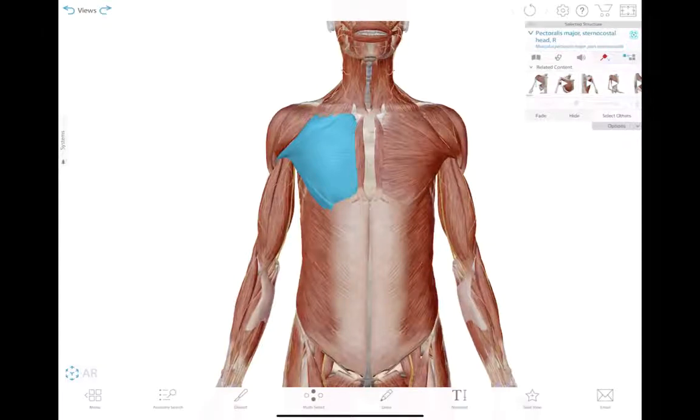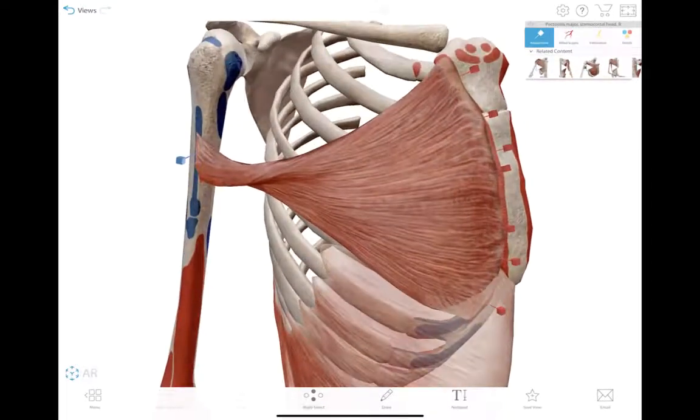Okay, and so with the pectoralis muscle, one thing I really like about this app, and I keep learning more things the more I use it, is that you can isolate and look at just this muscle and where it's attached. I'm sure a lot of other apps do this too. I can just click on this one button. Now I can see that this is attached medially to the sternum, and it's attached to the anterior aspect of the humerus.